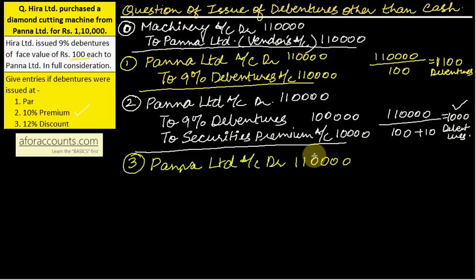Now discount है 12%. Discount is expense or loss for the business. So debit all expenses and losses, credit all incomes and gains. हमने रूल पढ़ा हुआ है. So discount on issue of debentures account debit.